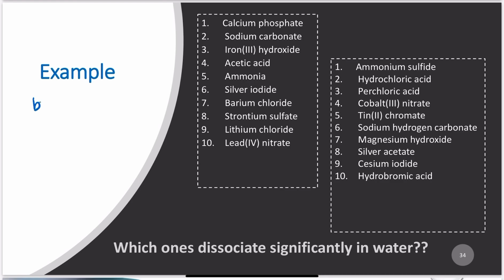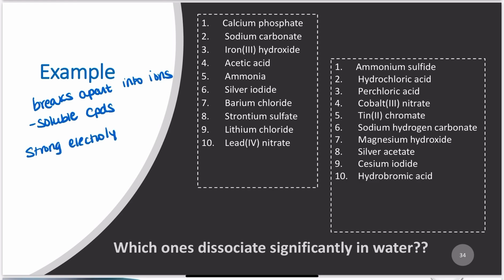So, it breaks apart into ions. They're soluble compounds. That means compounds, so your strong electrolytes, strong acids, and strong bases.